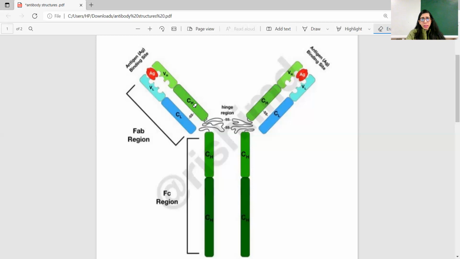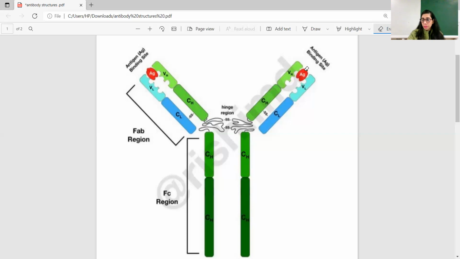Now, this CH and CL means constant region. I will explain why we call one variable and why this region is known as constant. So this CH and CL means constant domain or constant region of the heavy chain, and constant region or constant domain of the light chain. Constant means something which does not change, right?